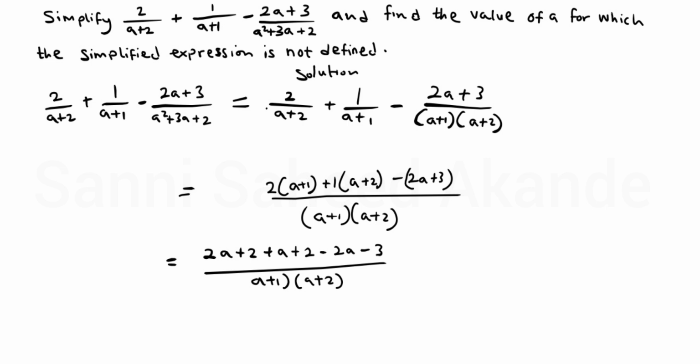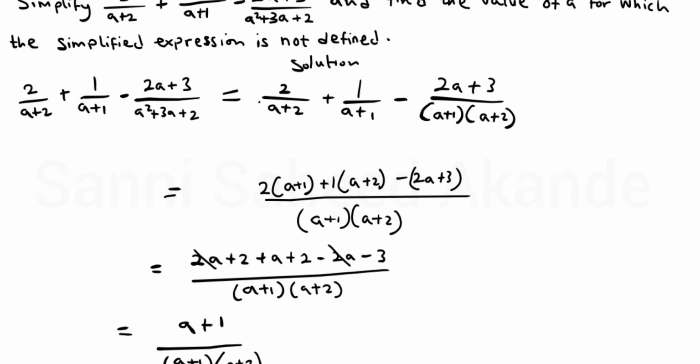Okay, in this numerator, this 2a will cancel this 2a, so we are left with a, then plus 2 plus 2, that's plus 4, minus 3, that will give us plus 1. So everything is divided by a plus 1 times a plus 2. Understood? Let's continue here.